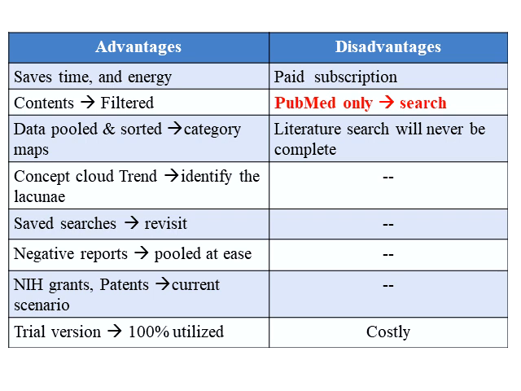Saved searches is another advantage, so that you can revisit them anytime. Negative reports are very essential, and these reports can be pulled with ease in this tool. And yes, grants, patents, the current scenario of the research on this particular topic can be appreciated.